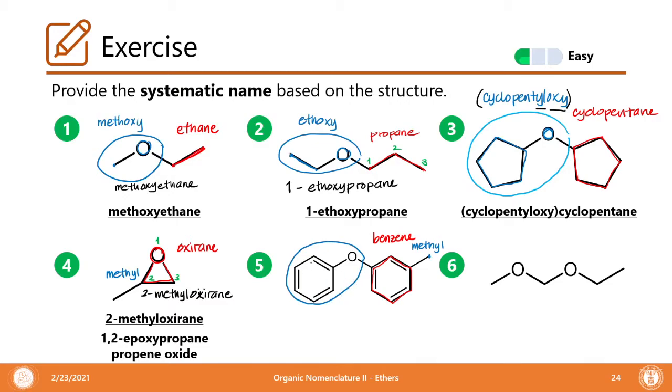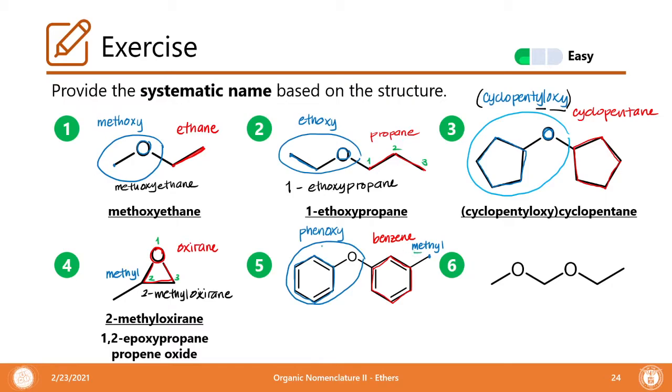And we have a benzene ring as a substituent. When we have benzene as a substituent, we have to use phenyl. However, since phenyl is already defined as a simple ether substituent, we don't need to add phenyl oxy, rather we can use phenoxy. So when we start naming, we first do numbering.